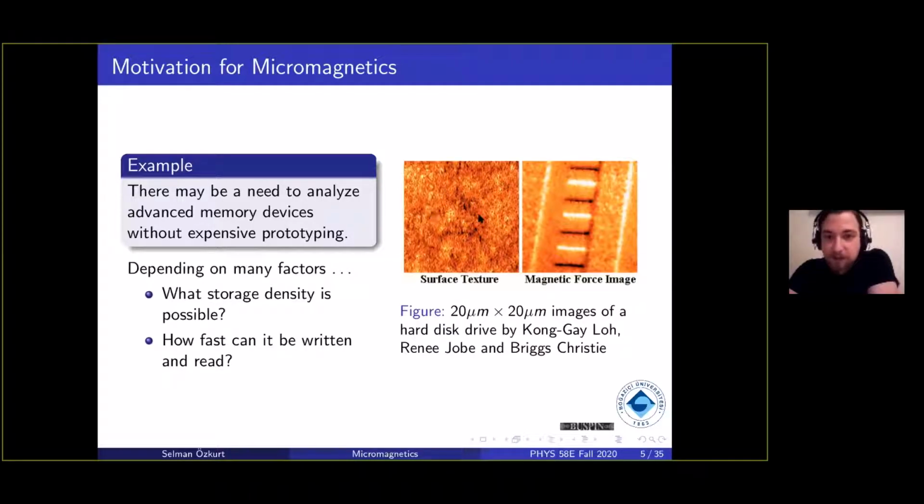And now, as an example of a magnetic technology, there's a picture of a hard disk drive. On the left, there's the surface texture, and on the right, there's the magnetization of a really small 20 by 20 micrometer wide area.